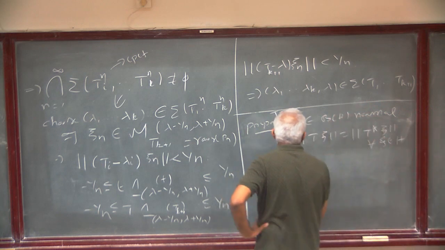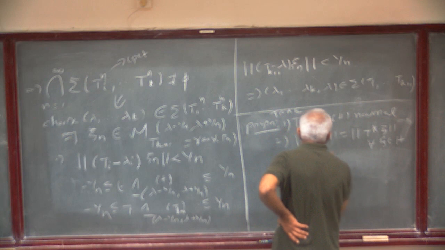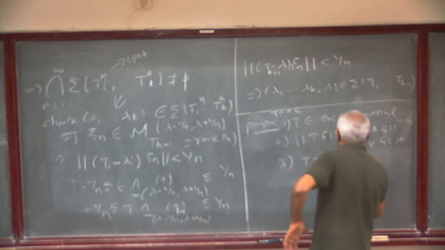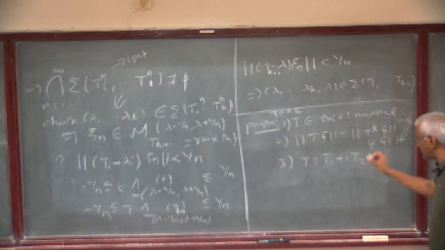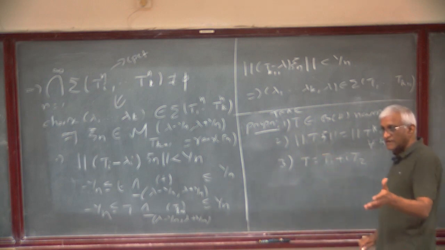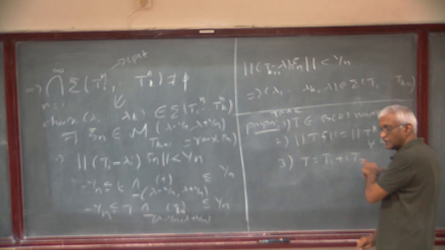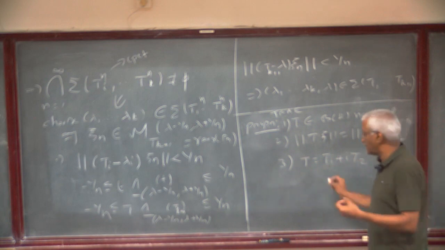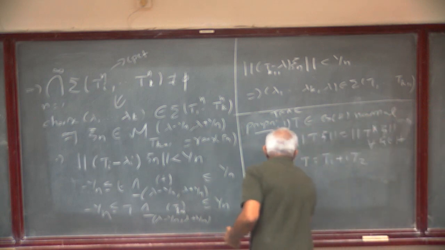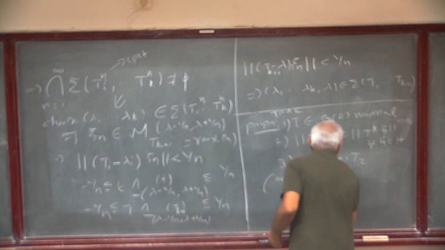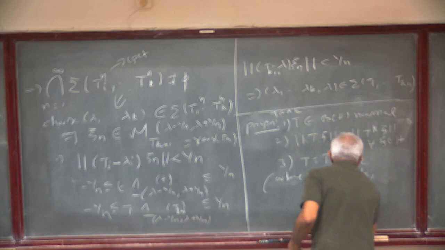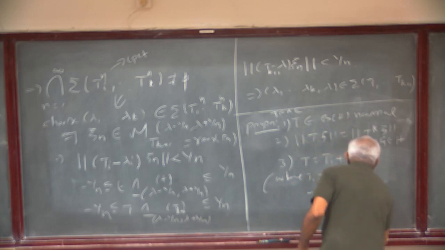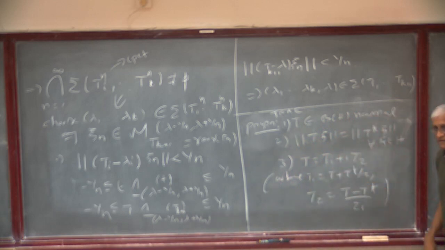The third condition is, if T equals T1 plus iT2, I'm sure you all know, maybe I mentioned it: any operator T can be written as T1 plus iT2, where T1, T2 are self-adjoint operators. Where T1 equals (T plus T star) by 2 and T2 equals (T minus T star) by 2i. These are, of course, self-adjoint operators.